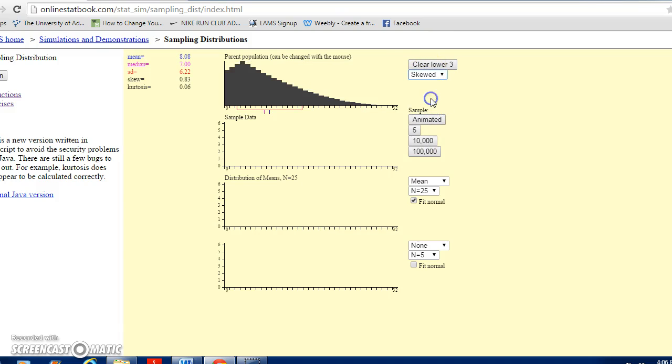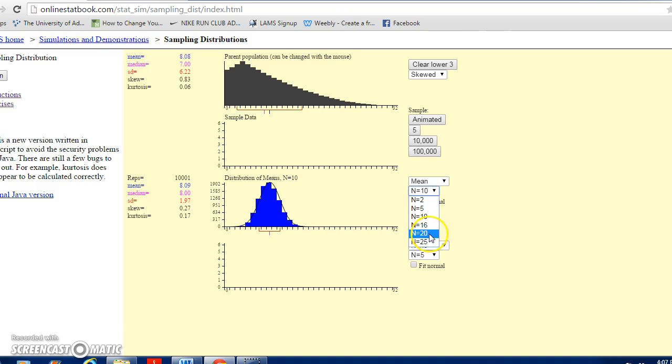And we can also see if we take a skewed distribution, again, start with a sample size of about 10, so we take 10 different measurements and then use that to find the mean of that particular sample, and then repeat that for 10,000 different samples. We get something that approximates quite well to a normal distribution.